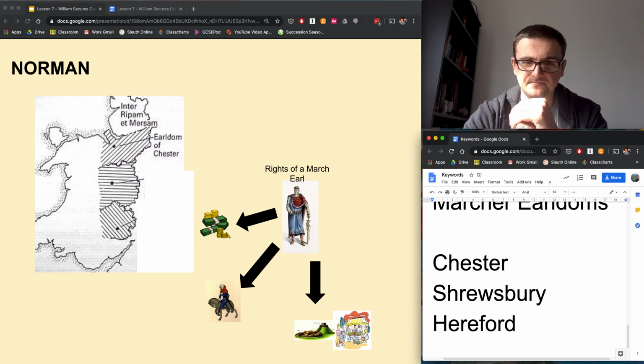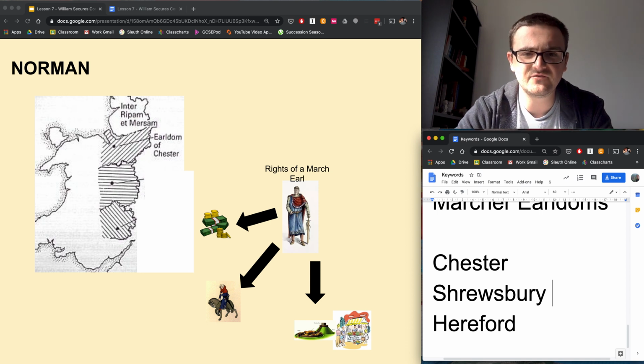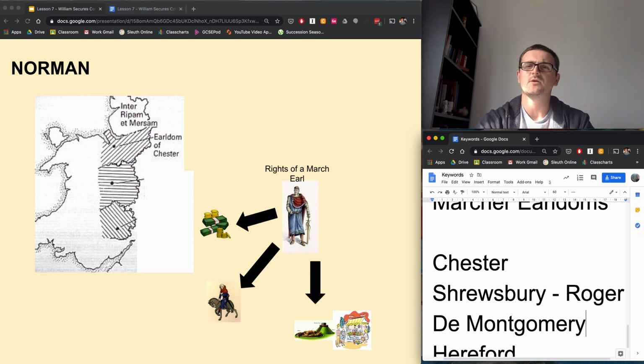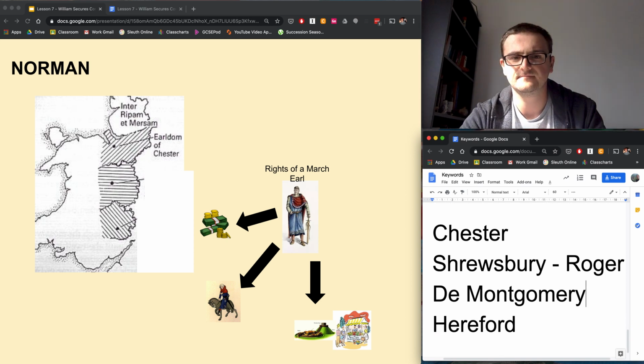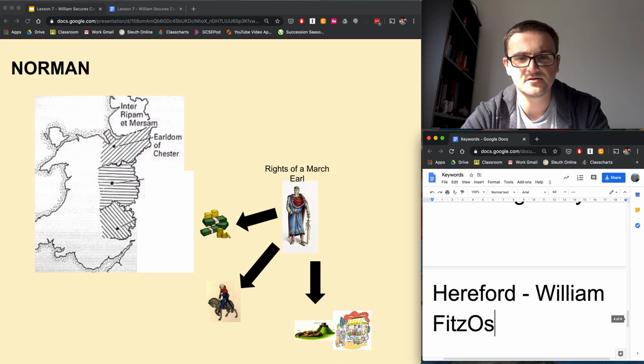He also then started to appoint Normans who'd invaded England with him to be in charge of those marcher earldoms. So for example, and this is a great key name if you can remember it, a man called Roger de Montgomery was made the Marcher Earl of Shrewsbury, and the Earl of Hereford was a man called William Fitz-Osbern.